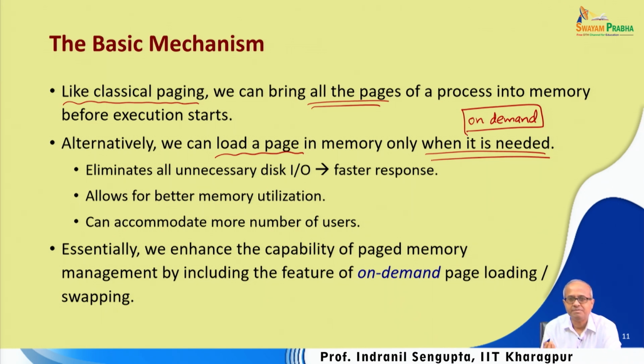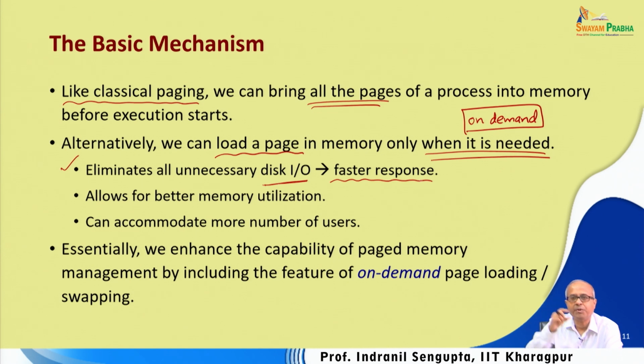Because we are doing it, the parts of the process which are not actually needed during execution need not be loaded. So, it eliminates all unnecessary disk input output operation. You do not have to load them from the disk. As I said, because the disk is much slower as compared to memory, this will lead to faster response.